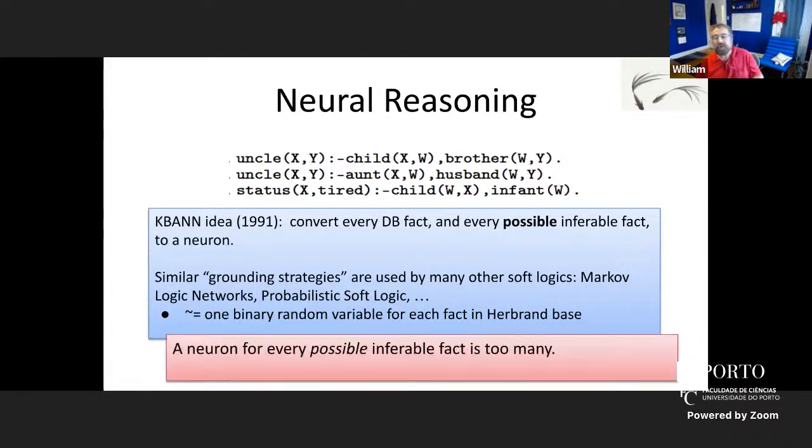This is a very clean and pretty way of formalizing the problem. And in my view, the only real problem with it is that although it's elegant, it doesn't scale very well. Having one random variable or one neuron for every possible fact that you want to infer is too many.